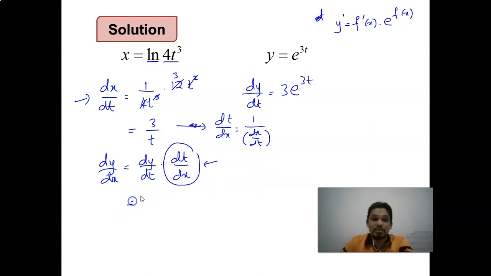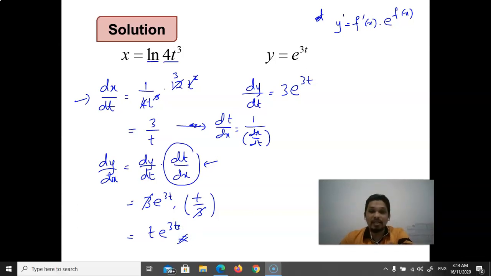So dy dt equal to 3e to the power of 3t, and dt dx is 1 over dx dt. dx dt equal to 3 over t, so this comes out with 1 over 3 over t, or t over 3. So 3 divided by 3, then we get t e to the power of 3t.